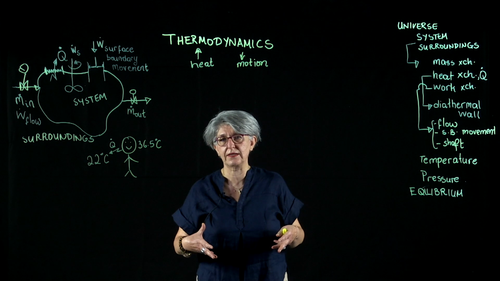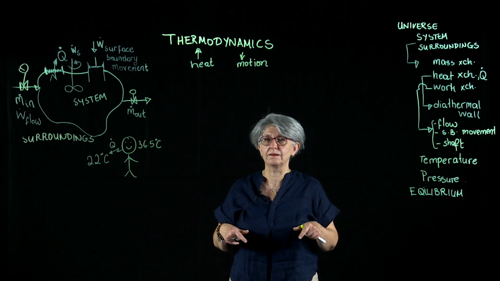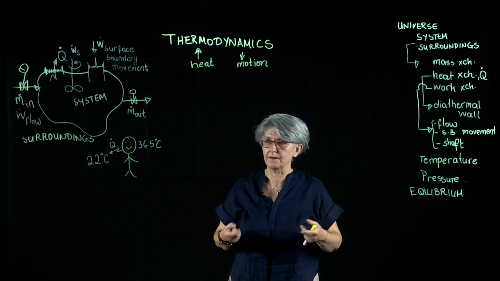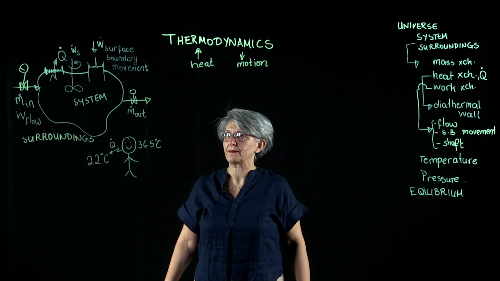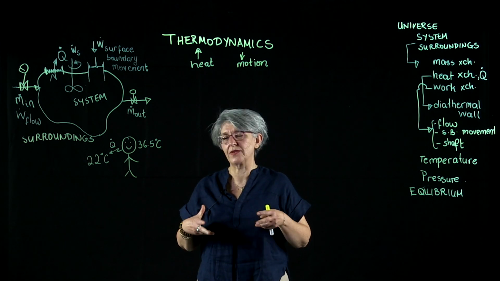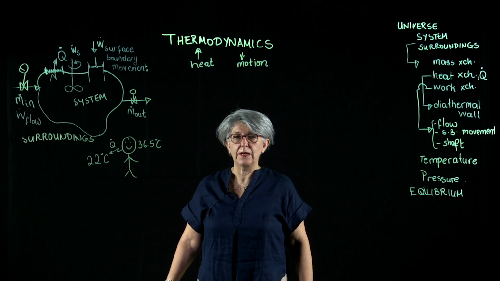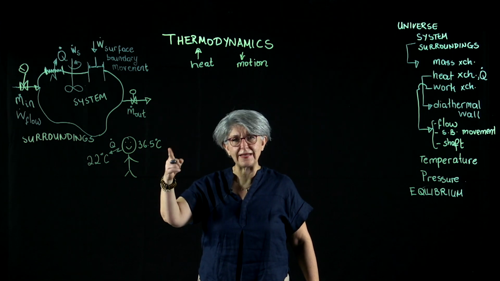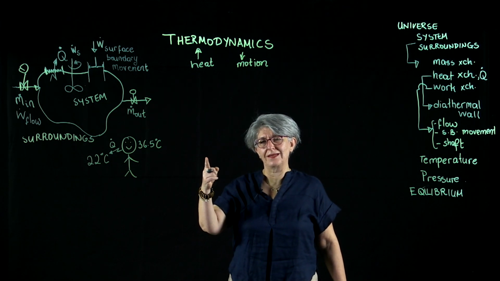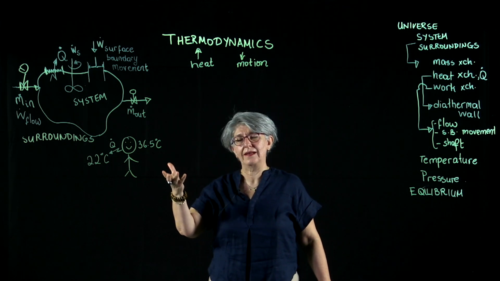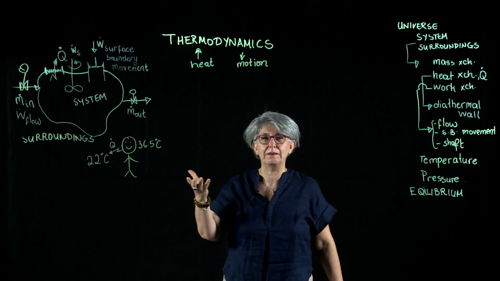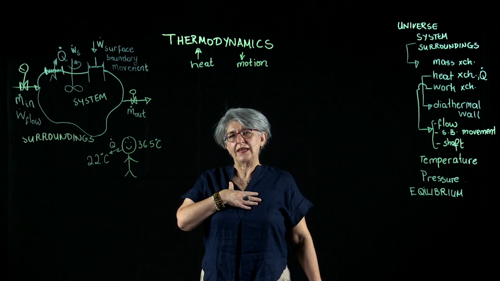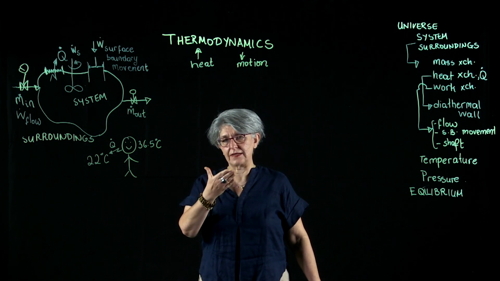If you take your lungs as your system, that expansion becomes more apparent. So that is what we mean by surface boundary movement. Now the flow work or mass exchange is best explained by the inhalation and exhalation. We intake air and we exhale.